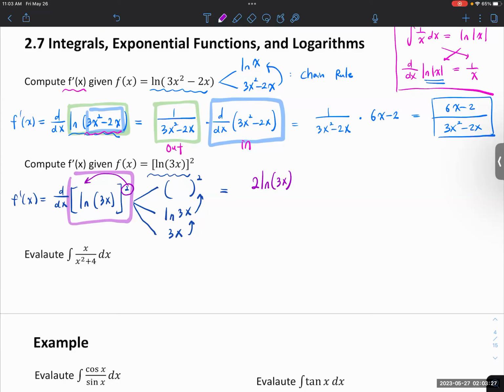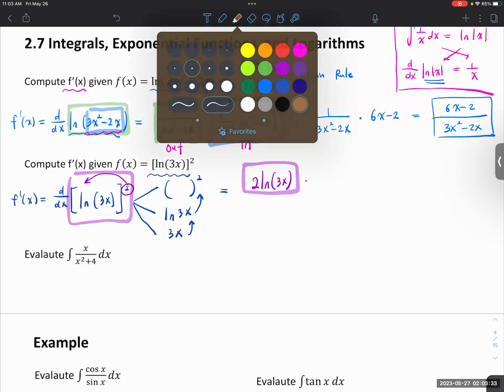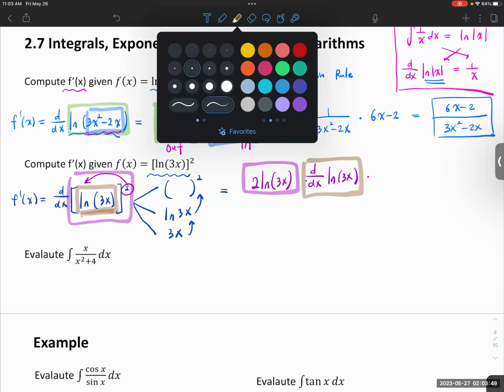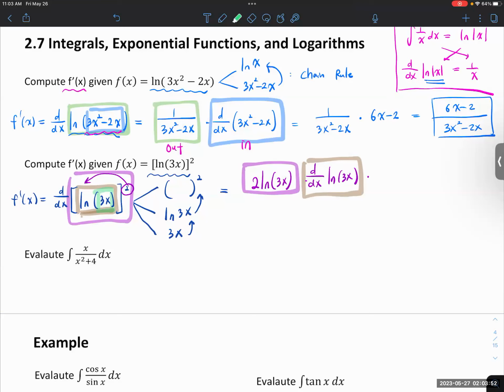So 2 times ln 3x, this is the outside. The middle is going to be ln 3x, so you take the derivative of ln 3x. And then the last one is going to be 3x, d over dx of 3x. This is the last one. Are you following? So this is outside, middle, and inside.